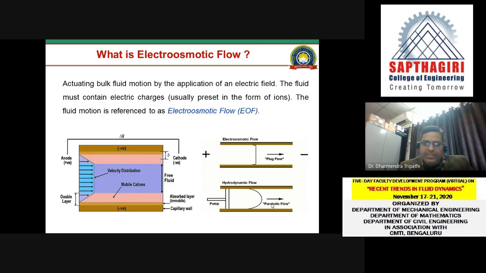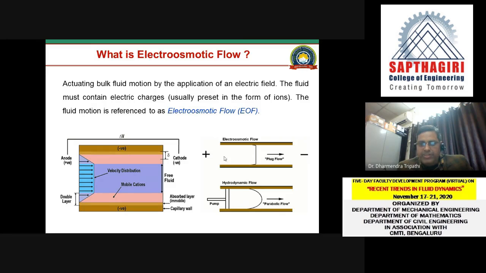This is the basic concept of fluid flow. The fluid flows from high pressure to low pressure, or simply due to a negative pressure gradient. In the same way, when we apply the electric field, here positive and here negative, the electrolyte is moving.